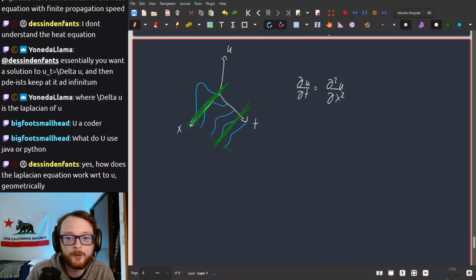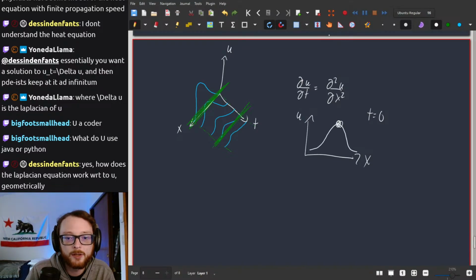At a given point in time, let's just say t equals 0 is this slice that we're looking at here, and we have our Gaussian bump, because why not?